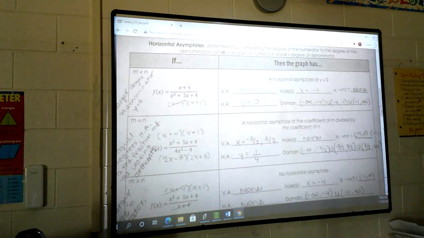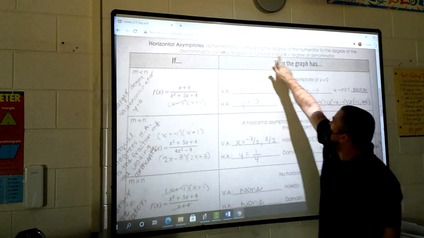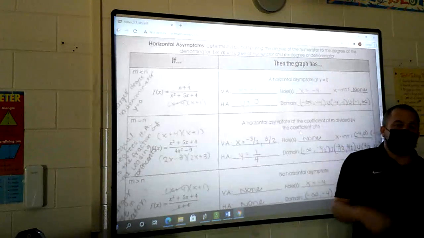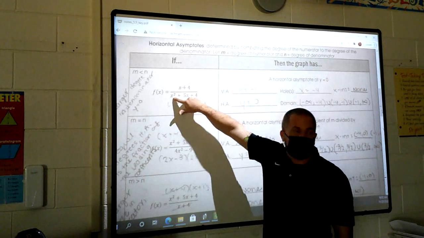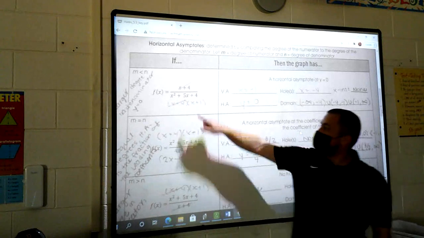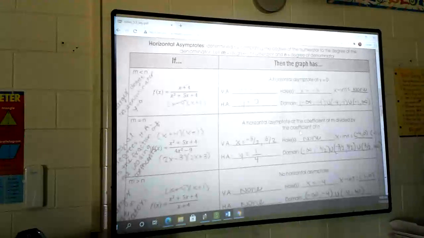So m stands for the degree of the numerator, n stands for the degree of the denominator. If the numerator has a smaller degree than the denominator, which this one does, numerator goes to the first degree, the denominator goes to the second degree, then you automatically know that it has a horizontal asymptote at y equals 0. So that means it goes straight to 0. And we'll see that in just a minute.